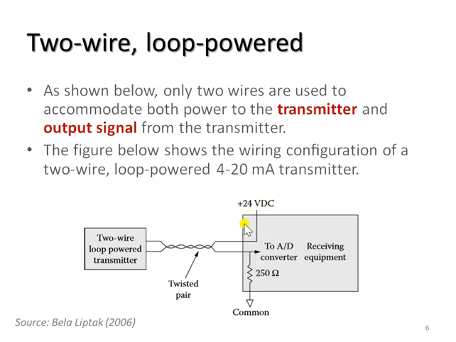So the power supply from this receiving equipment will be sent to the transmitter through a twisted pair cable.